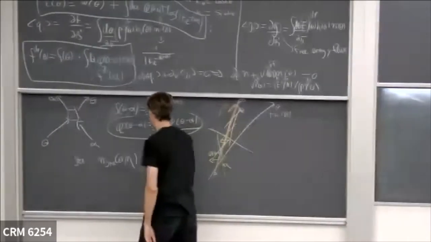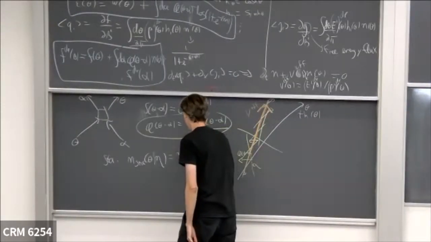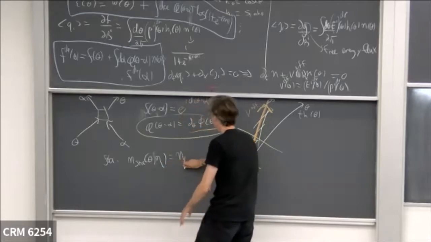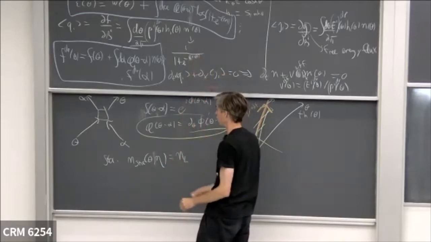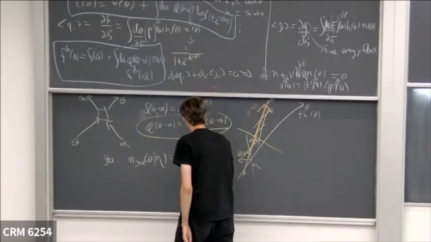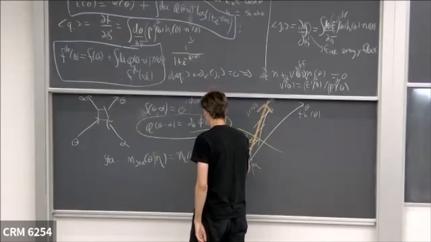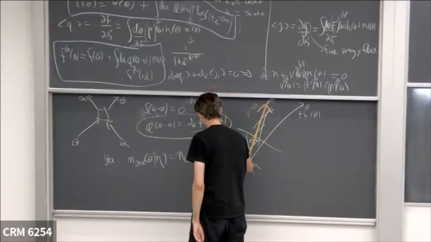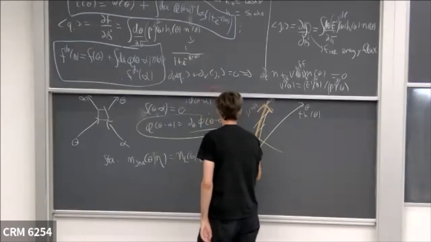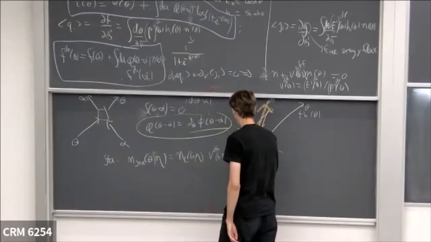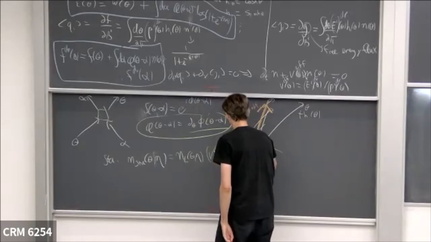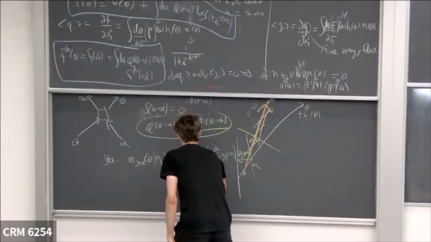So this stationary state solves a certain equation, which is that it is equal to n left, the interacting occupation function for the left reservoir, at theta, zeta, if the effective velocity of that mode at that ray is greater than the ray. Otherwise, it is n right.